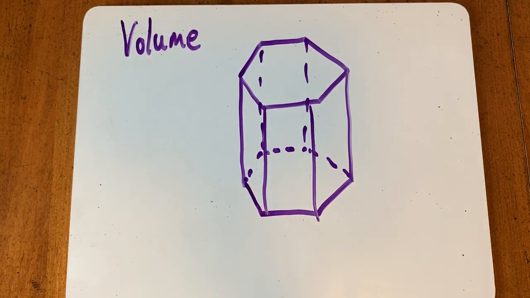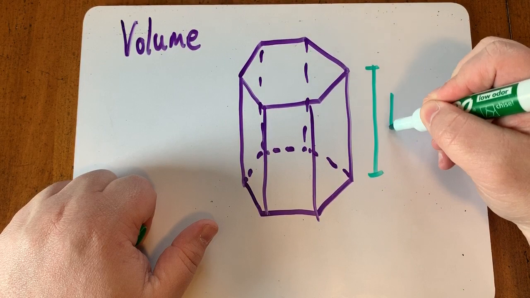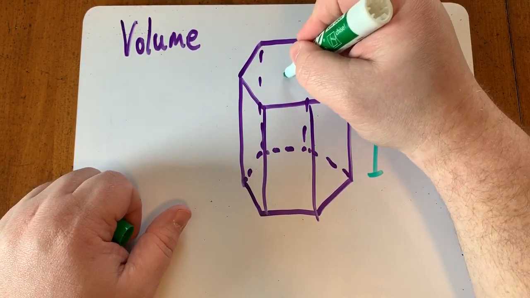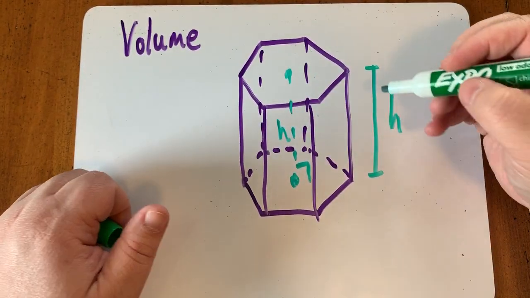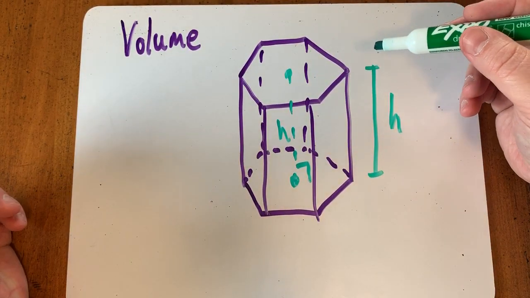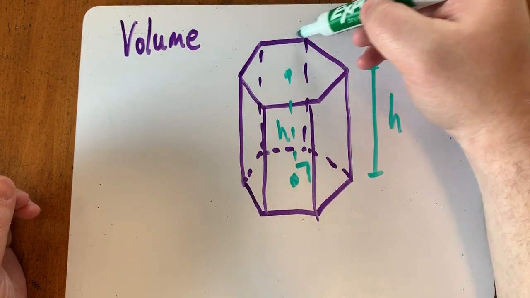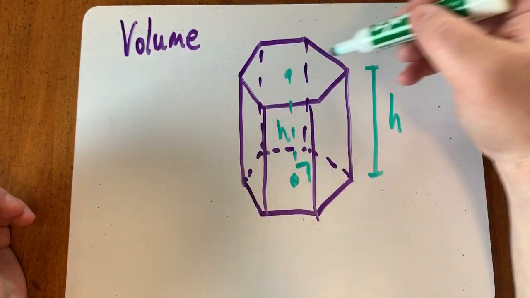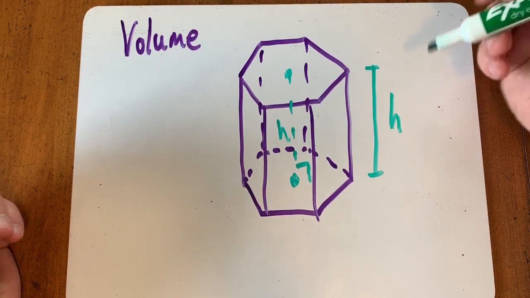All right, I know it's a garbage hexagonal prism, but conceptually, the distance between the two bases is the height of the prism. Whether you measure it inside or outside, it's the distance between the two bases. It's always going to be the height, whether you measure it along this lateral face in the back, this lateral face in the front, the two on the left or the two on the right. It doesn't matter. That's going to be the height.